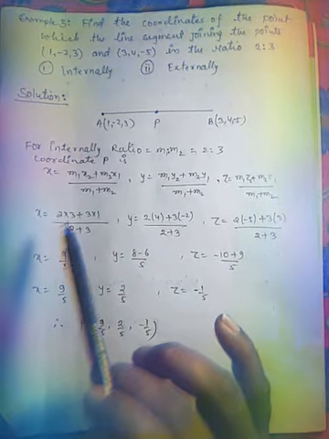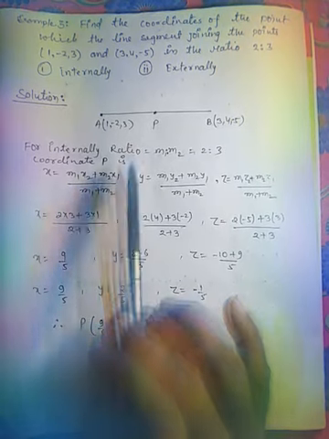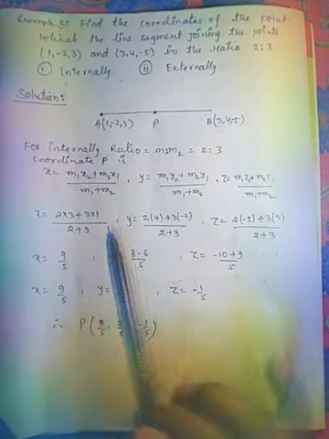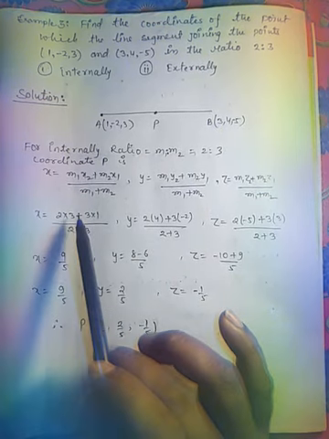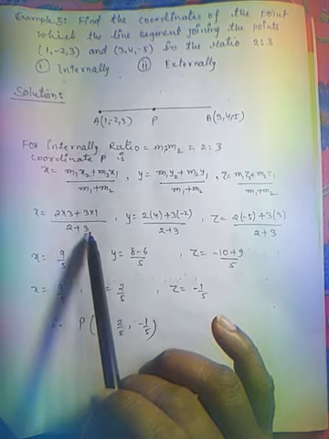X: m1 is 2 and x2 is 3, so we get (2 into 3 plus 3 into 1) by (2 plus 3).